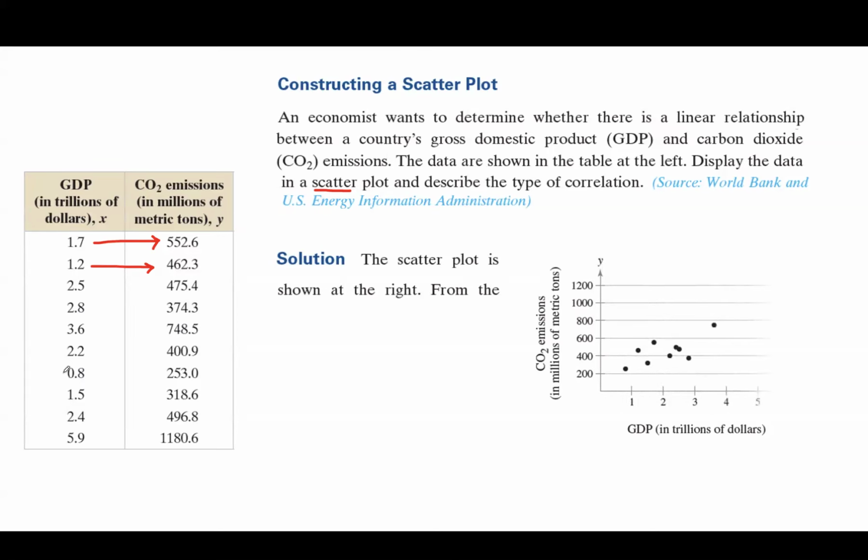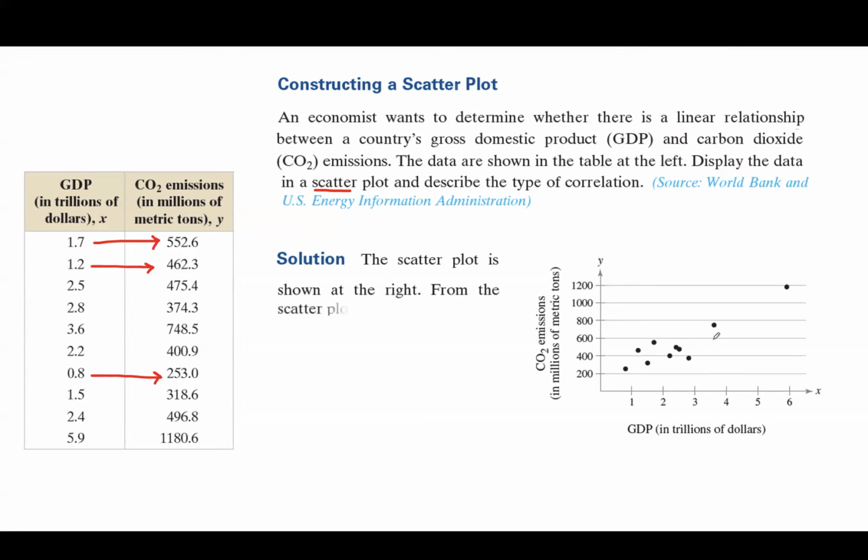The minimum X value is 0.8 with the Y value of 253.5. This is the first dot representing this point. Then you can continue the process and graph the scatter plot using these dots.